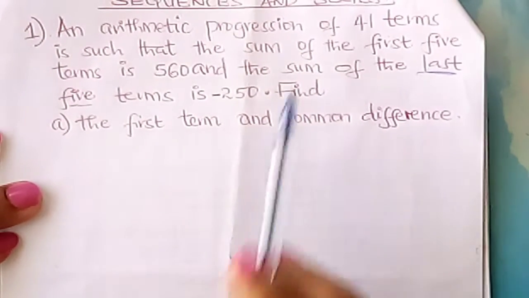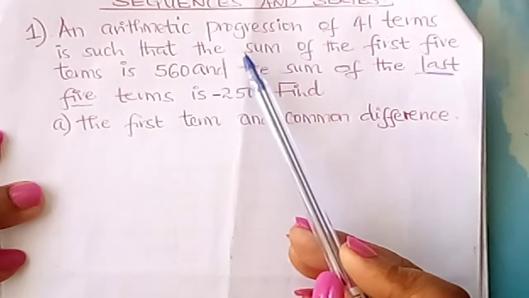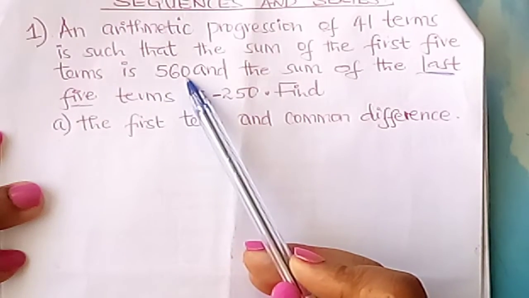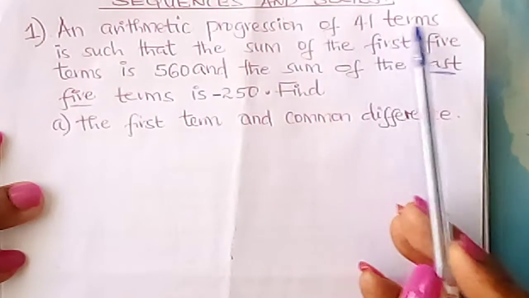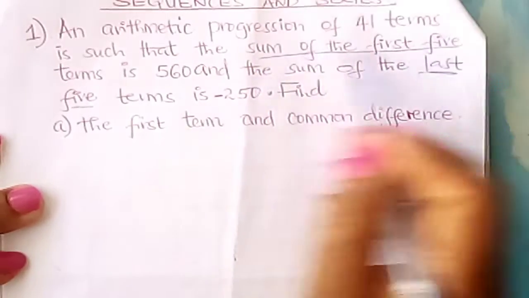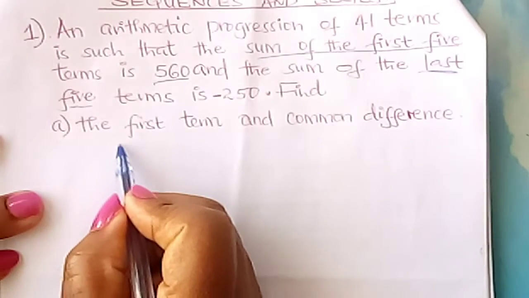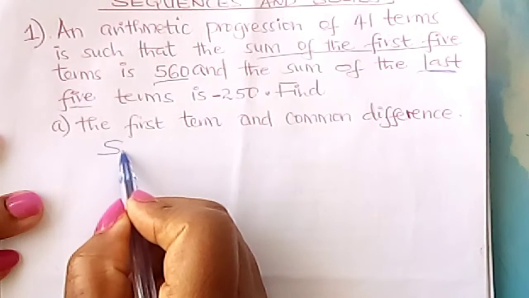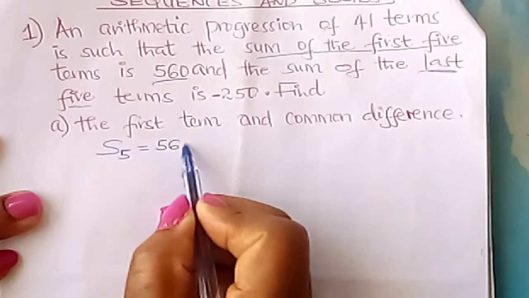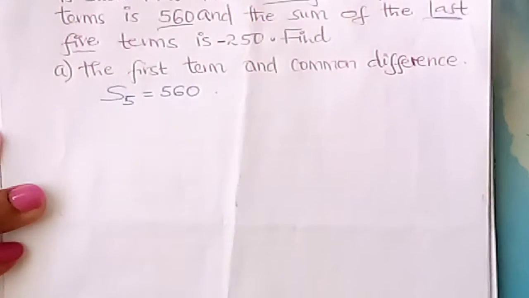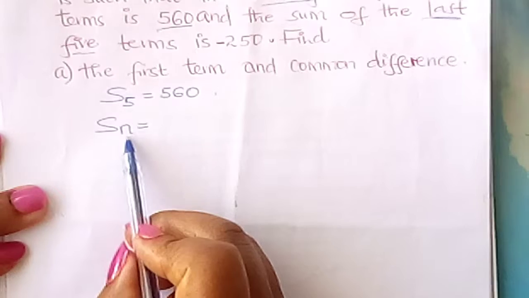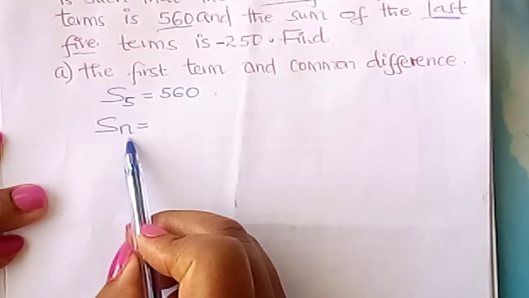We are told from the first sentence that the sum of the first 5 terms is 560. We first deal with this. Learner, how do we get the sum of the first n terms in an arithmetic progression?